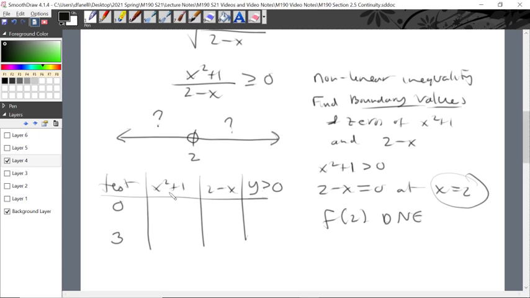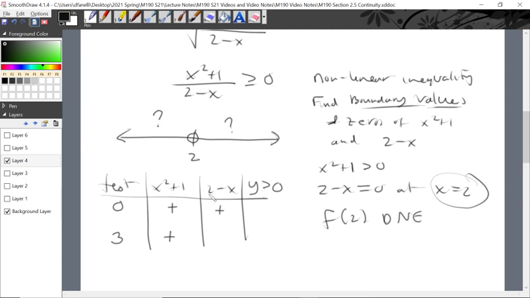0 plugged into the numerator would give us 1. 3 plugged into the numerator would give us 10. But when we're comparing to 0, we only need to know if the output is positive or negative. Plugging 0 into x squared plus 1, we get positive. 3 into x squared plus 1, we would also get a positive number. But what about 2 minus x? If you plug in 0, 2 minus 0 is 2, a positive number.